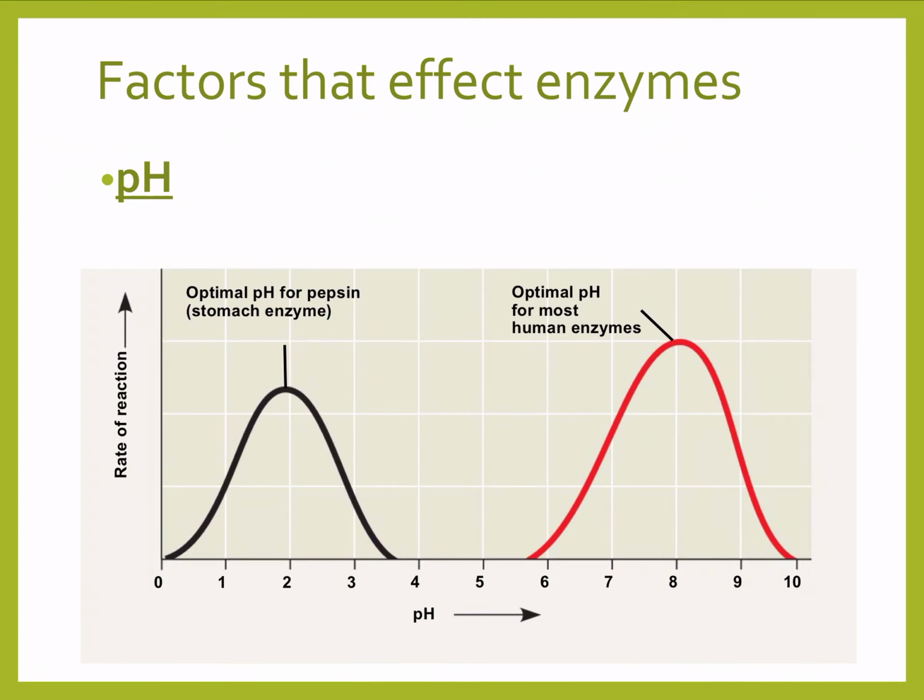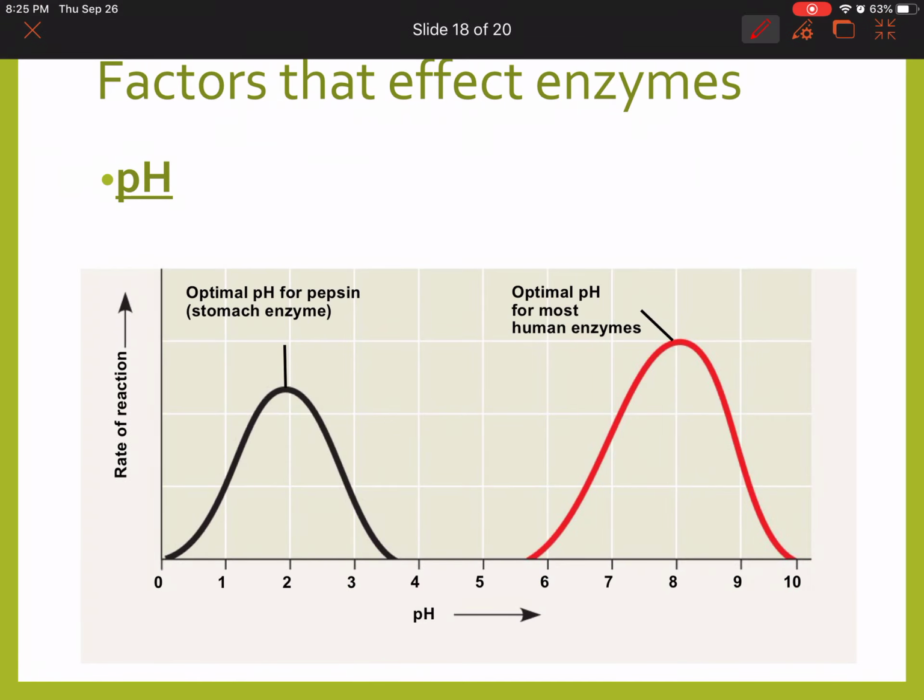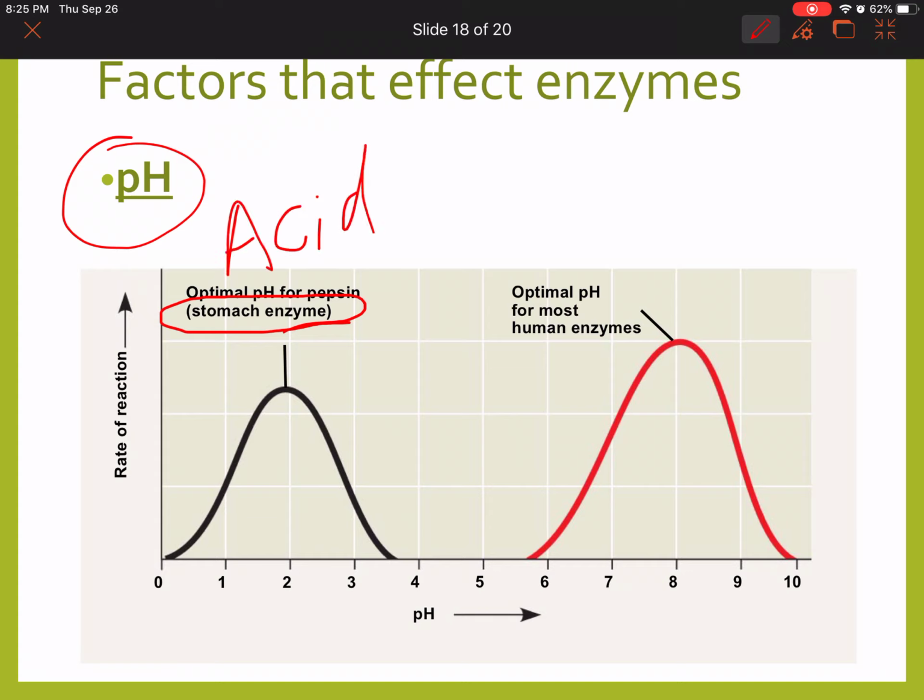Likewise, the second one, pH. Temperature and pH. I know you've heard those before. Okay? So now take a look. Here are two enzymes. This one comes from the stomach. The pH of the stomach, acid or base. Oh, we've all heard of stomach acid. So acid means low numbers.